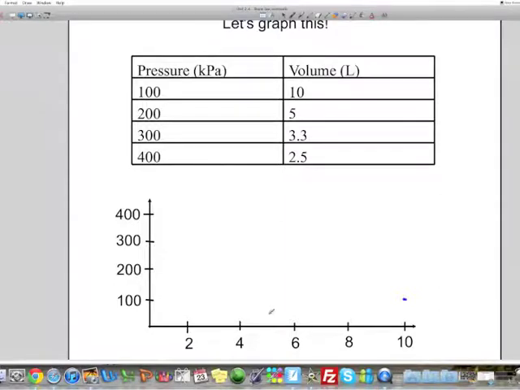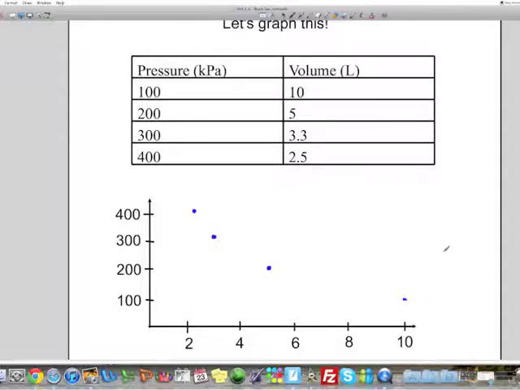At 3.3 liters, I have 300 kilopascal. And here at 2.5 liters, I have 400 kilopascal.